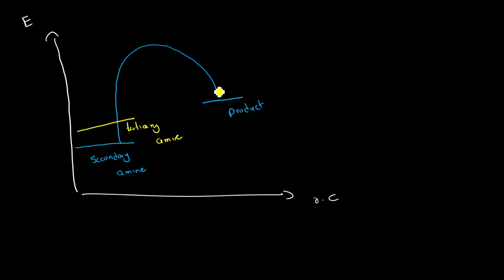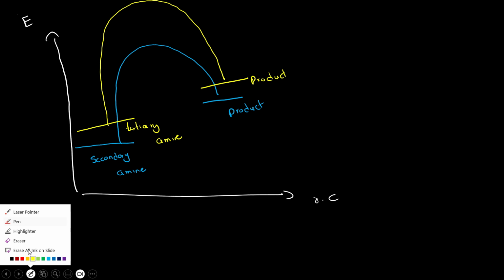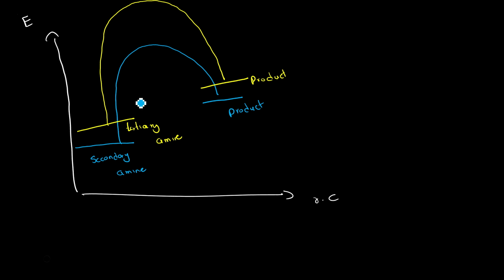Now let's take a product in this place. If I take the two values here, here we have E1 and this one here is E2.